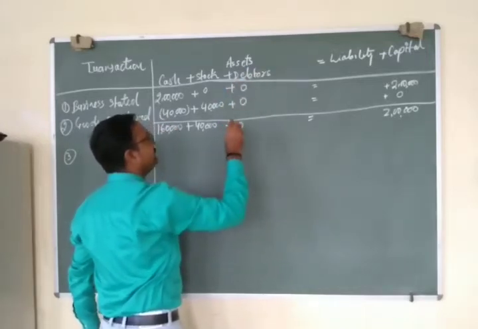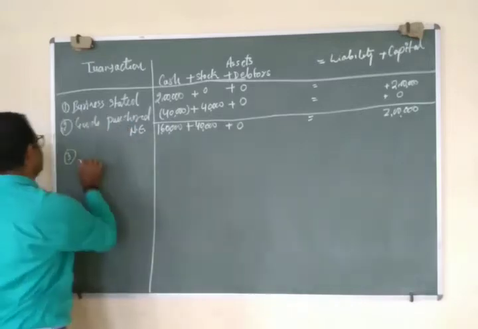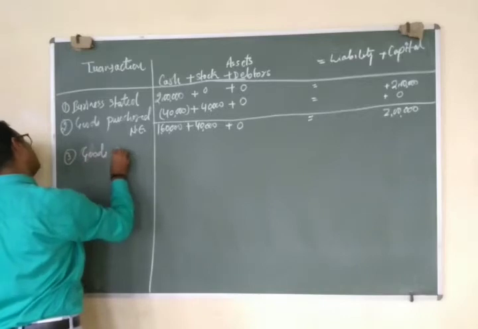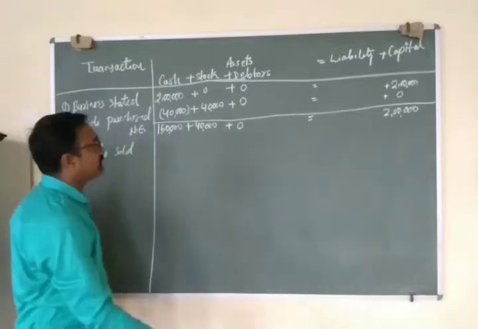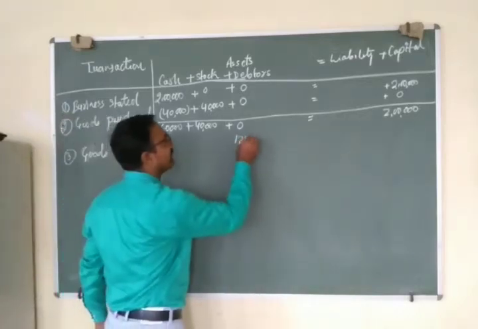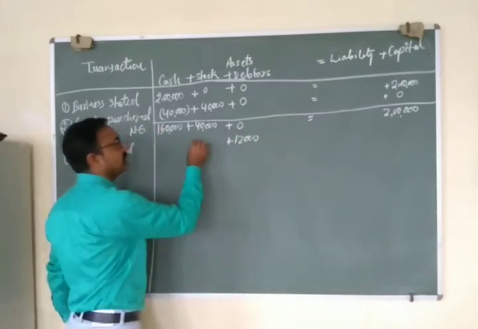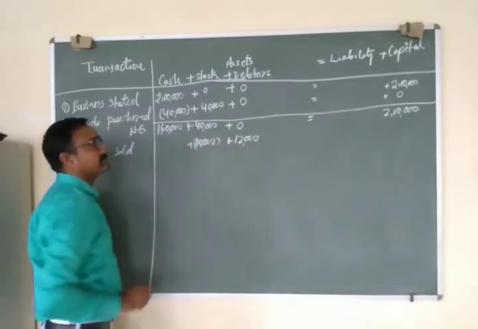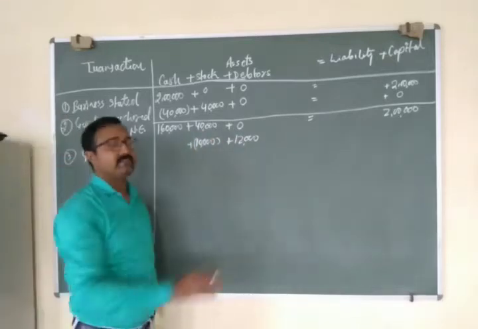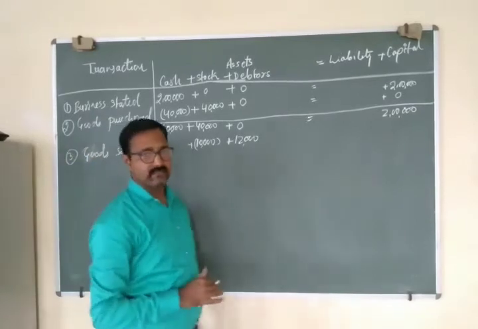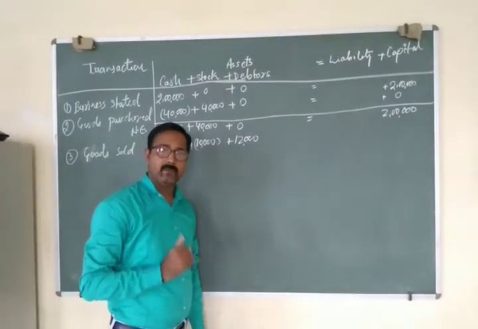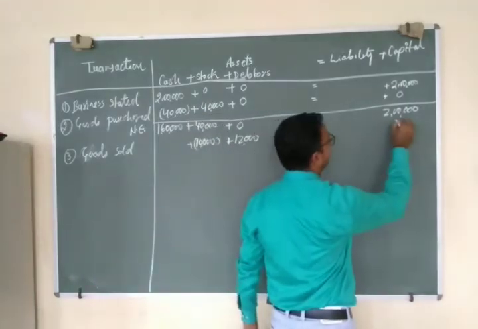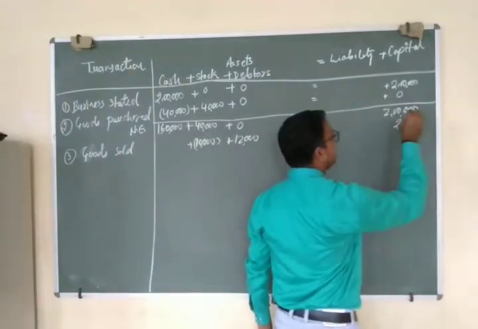Goods sold worth rupees 12,000, but the cost of the goods was 10,000, so it will decrease our stock. In this transaction, we are getting a profit of rupees 2,000, and remember, every time our profit and incomes increase our capital amount. So that's why our capital will increase by 2,000 rupees.